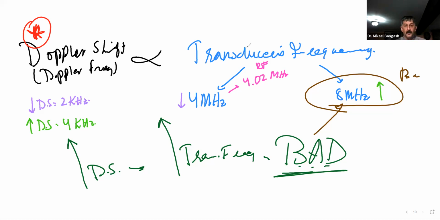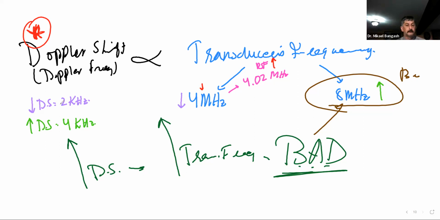Here your reflected frequency was the greater one, and the transmitter frequency was the lower one, so we got a Doppler shift of 2 kilohertz.